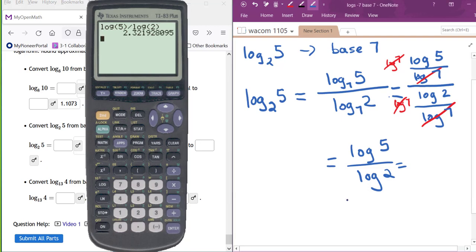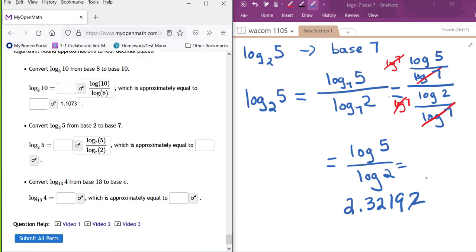So we get 2.3219, and you want 4 places, so a 2 is going to drop off. There we go. That one would be done.